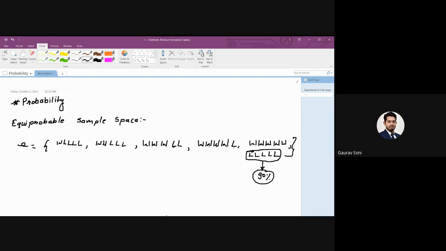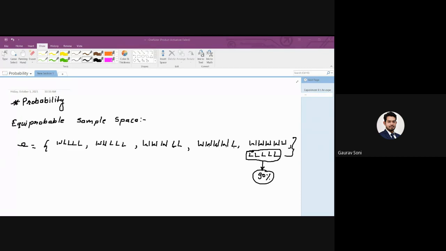So the problem is that in this type of experiment, each sample point does not have an equal probability of occurring. But when I toss a fair coin, the probability of getting a head is equal to the probability of getting a tail.